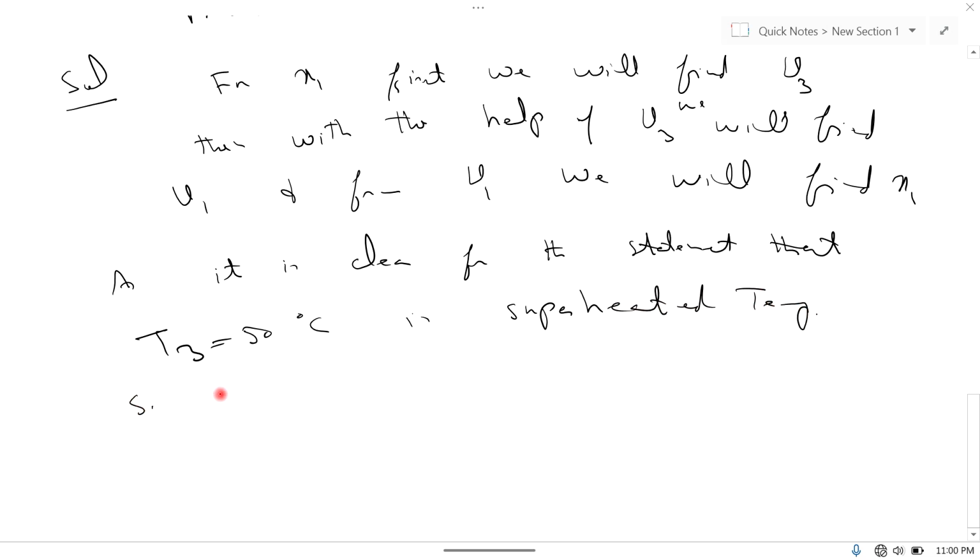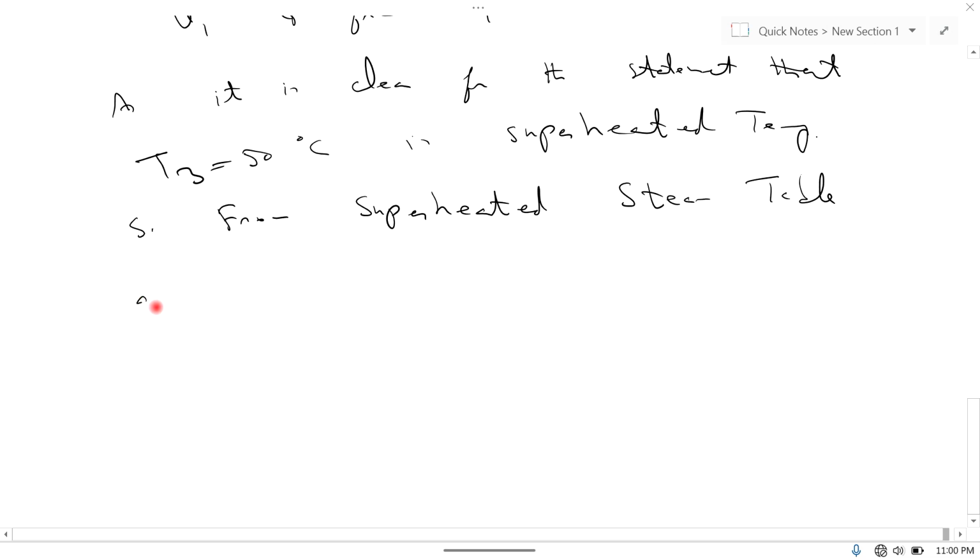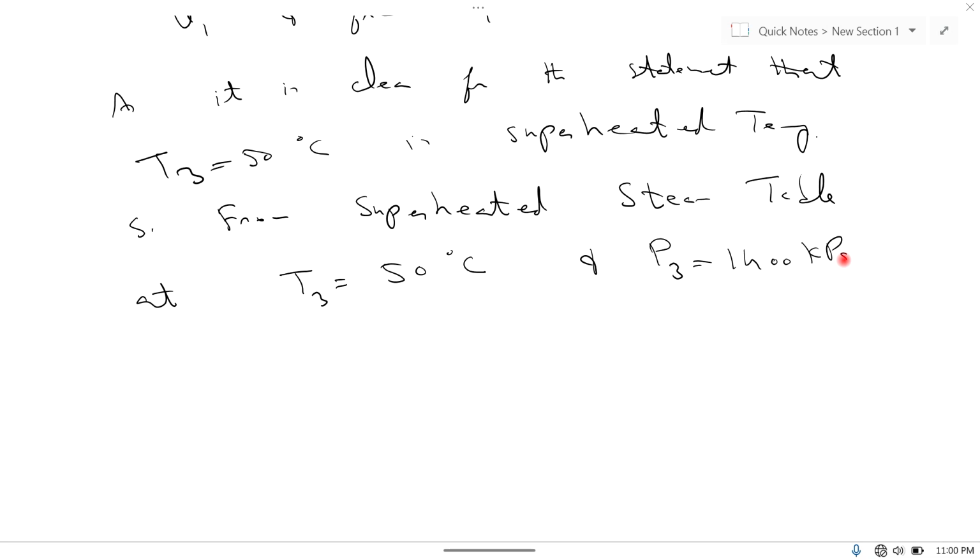So from the superheated steam table, at temperature 50 degrees centigrade, T3 is 50, and P3 is equal to 1400 kilopascal, we can find V3 and U3.